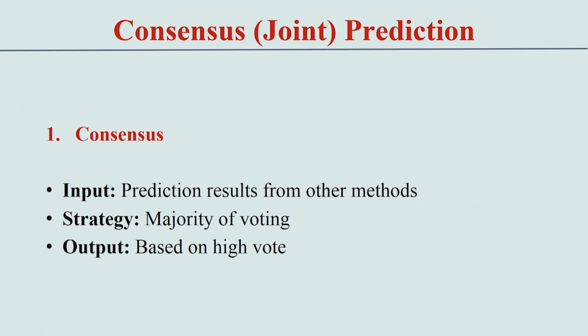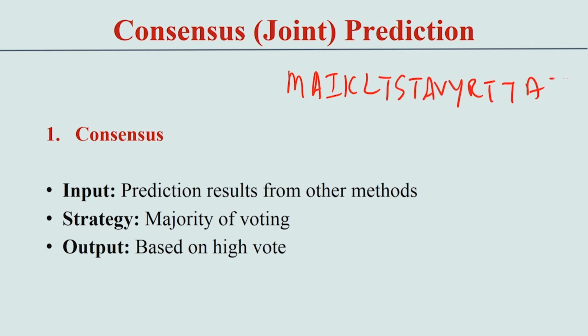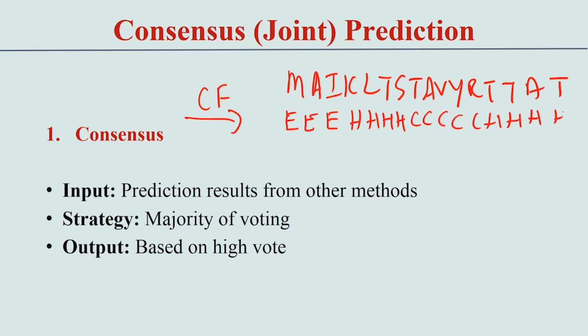For example, if we have one sequence here, we use GOR and get the secondary structures. For example, this is E, E, E, H, H, H, H, C, C, C, C, C, H, H, H, H.